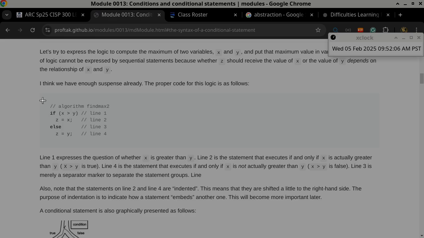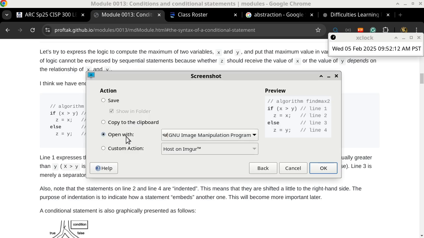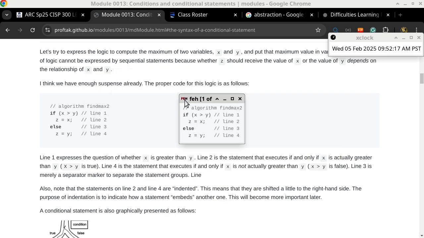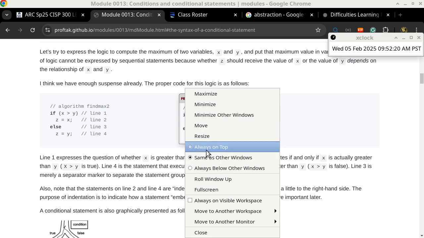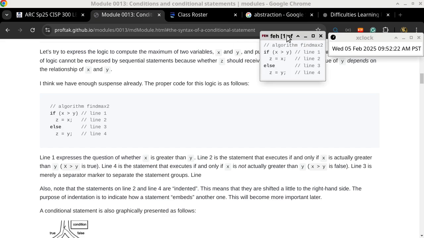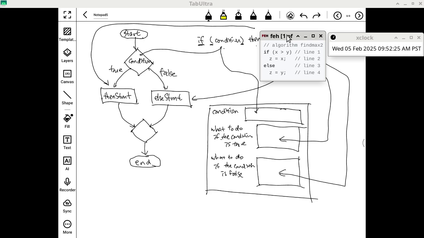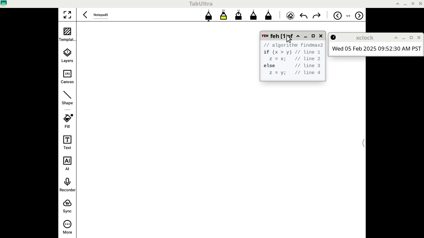I'll do this trick here and open it with this program and then make it always on top. There we go. And then switch to the tablet screen. We'll open a new page. All right, so we have these things: if open paren x is greater than y, z equals x, semicolon, else z equals y.